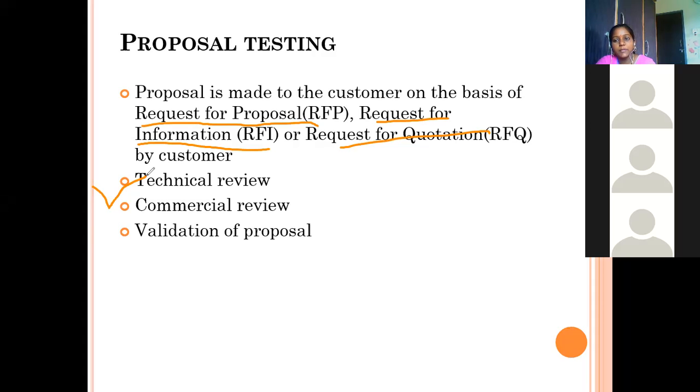Then the requirement and estimation at the stage of proposal are not very specific, but rather indicative. It works on the rough cut method, and estimations are ballpark figures that the prospect may expect. So this is the technical review.